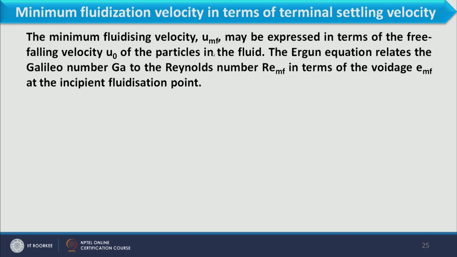So here first we should understand the difference between minimum fluidizing velocity and terminal settling velocity or terminal falling velocity. Minimum fluidizing velocity is obtained when the fluid will start moving with the particle, and terminal falling velocity is that velocity where the particle will be carried by the fluid.